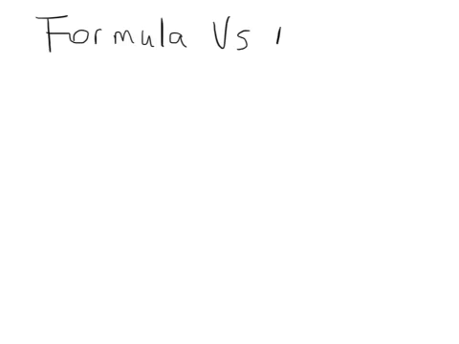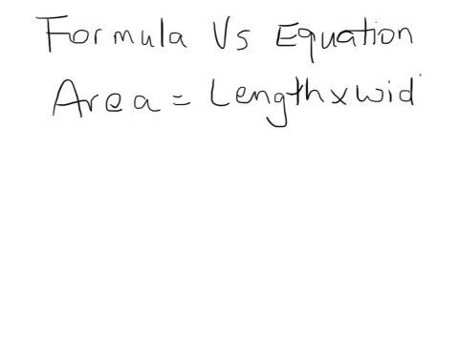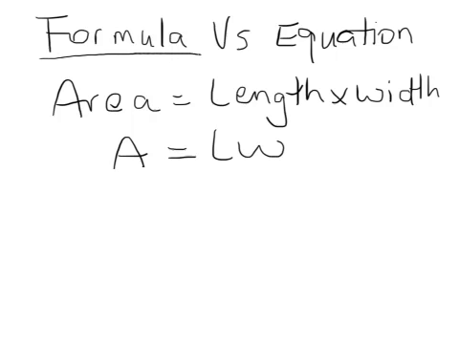How is a formula different to an equation? Formula versus equation. Well, a formula has a purpose. It might be to find the area of a rectangle. That's length times width. So using our algebra, A equals LW. So formulas have an everyday application.